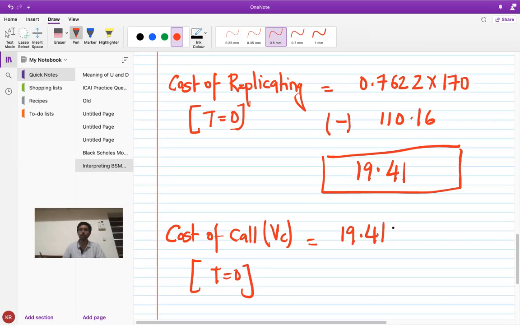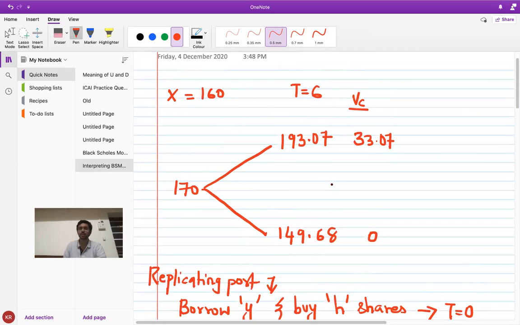Let's interpret what this 19.41 cost is. If you pay the cost of the replicating portfolio, 19.41 today, you will receive either 33.07 or 0 in future, depending on what the share price is. That is the interpretation of the cost of the replicating portfolio.